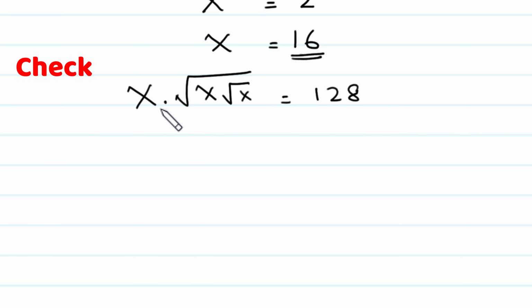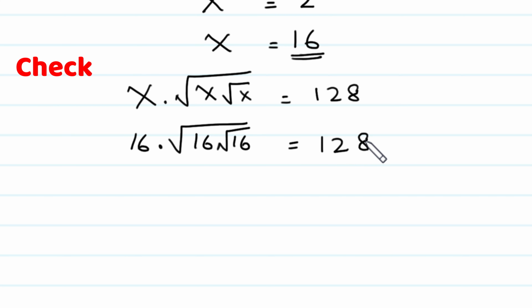Here we put the value of x, 16. 16 times square root of 16 times square root of 16 is equal to 128. Next, 16 times square root of 16 times, we take square root of this 16, that is 4, is equal to 128.